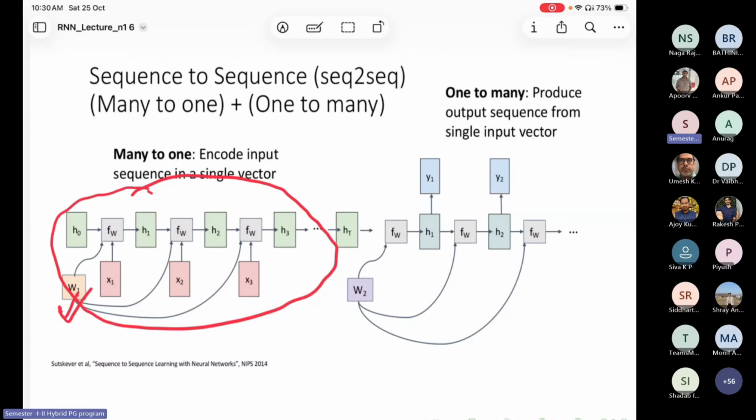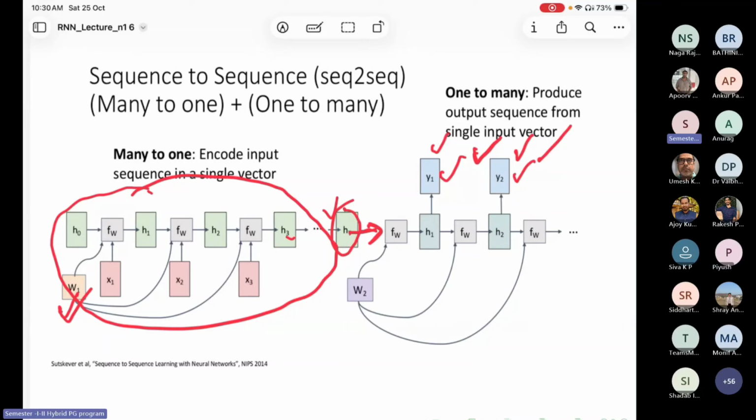This W1 is shared across all those states till this point, and then we have another set where this st will come here, and with the help of this ht it will start to generate every output. You can see this h2 is coming here, and then it started to generate y1, y2, y3.